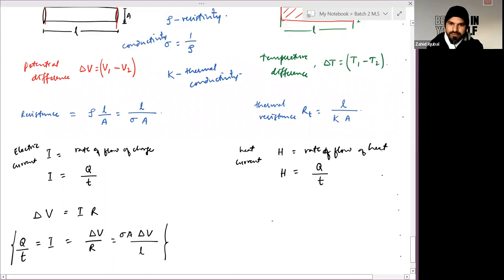For this heat current, we may define H equals potential difference, which in terms of heat is termed temperature difference, divided by thermal resistance offered by this substance. So on rearranging, you will get K A times delta T divided by L. Heat current is nothing but flow of heat through a conductor per unit time.